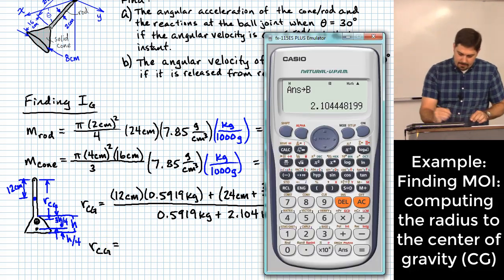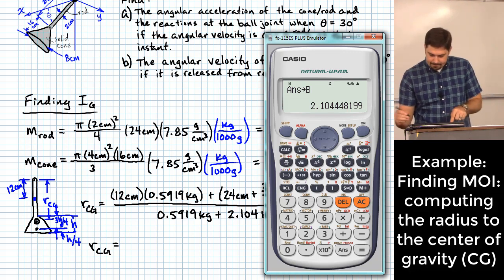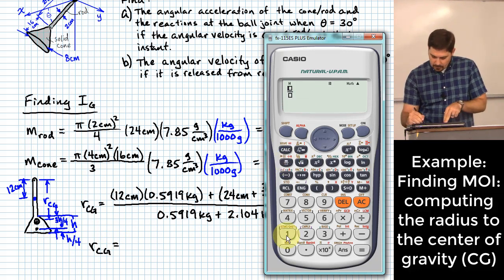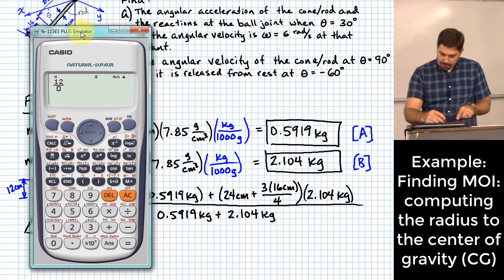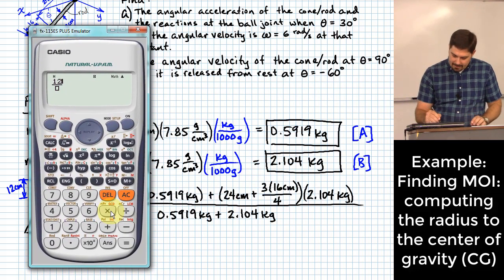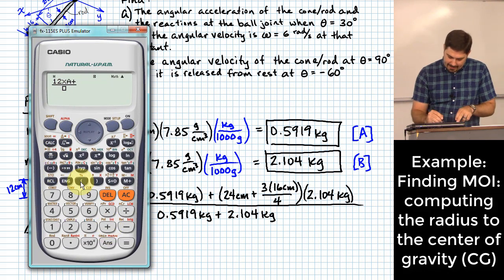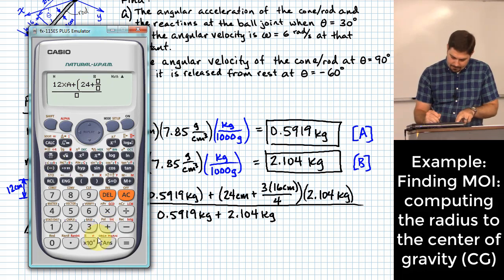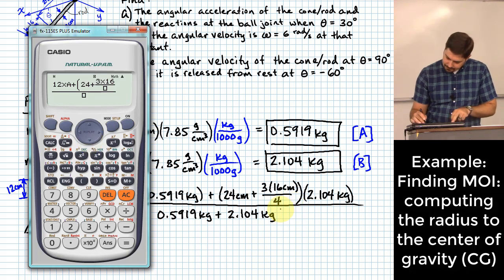here's what I have. I have a fraction where I have 12 times, I believe I had 0.5919 stored in A. And to that I'm going to add this quantity of 24 plus 3 times 16 over 4.